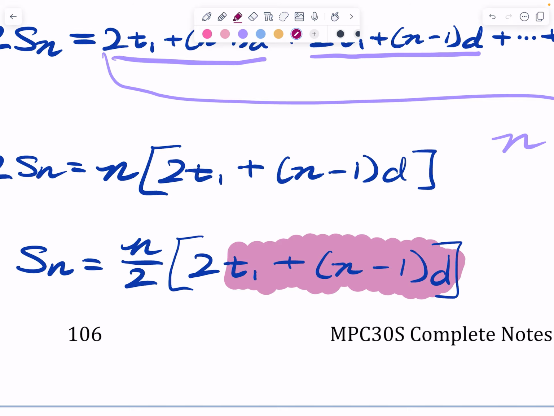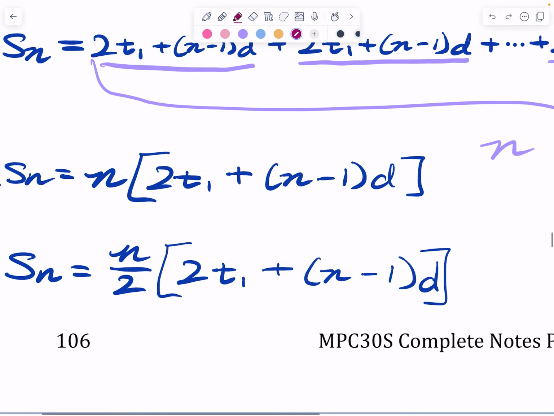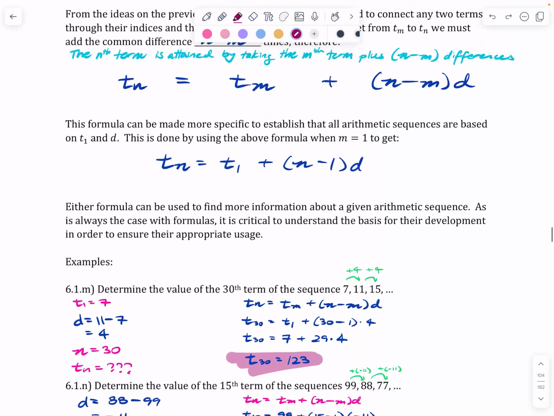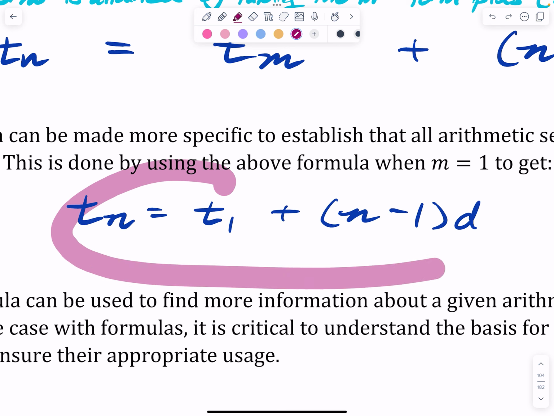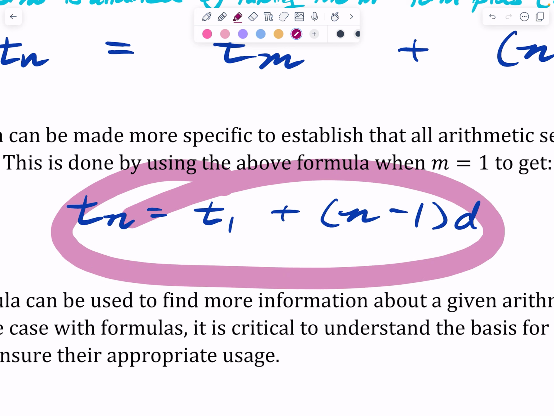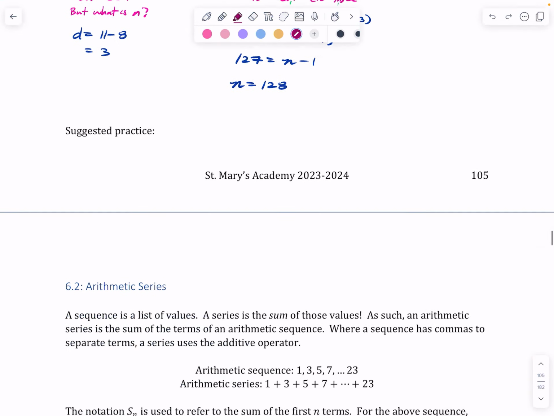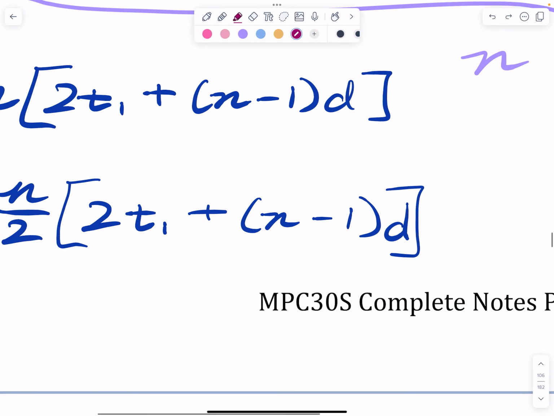In fact, if we look at the previous lesson, way back in the day, we had this: Tn is t1 plus n minus 1 times d. And that's kind of like what we have here. It's just we've got 2 of these t1s.